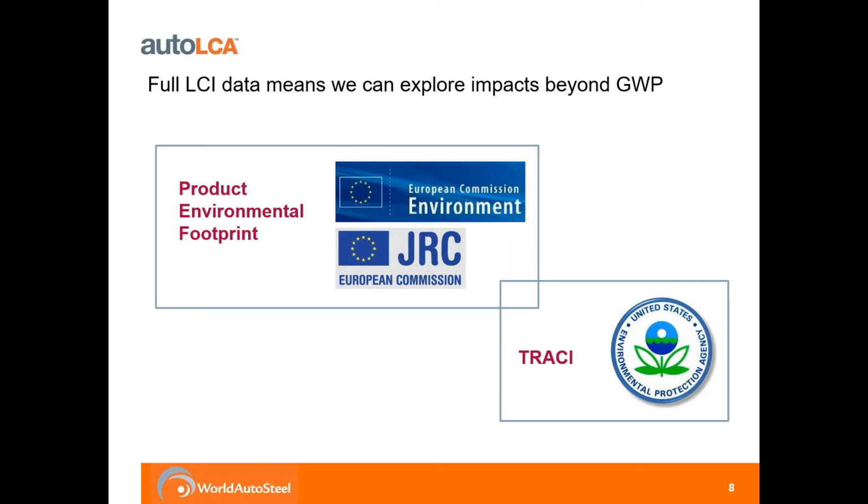One of those is the current list of environmental impacts recommended by the European Product Environmental Footprint. Another is the TRACI. The list we looked at earlier is from the TRACI Environmental Impact Assessment Tool that was developed by the US EPA. And we are in the process of adding another impact assessment tool called CML from the University of Leiden.